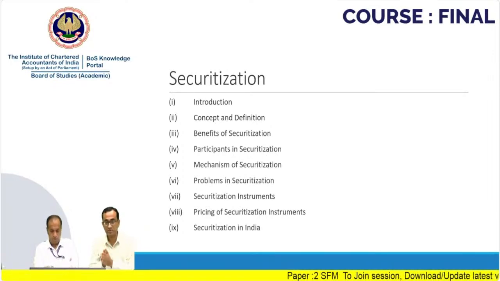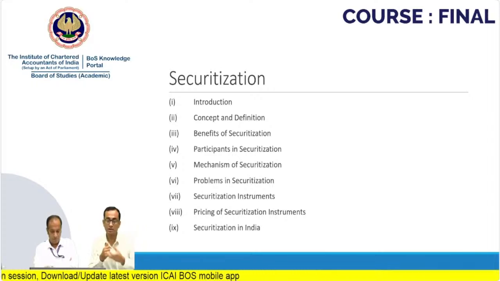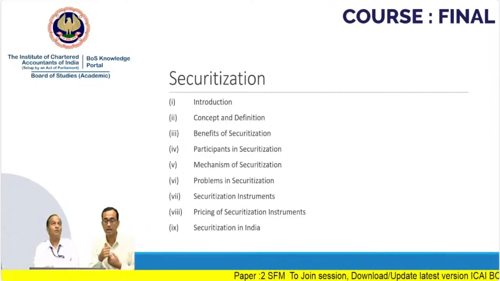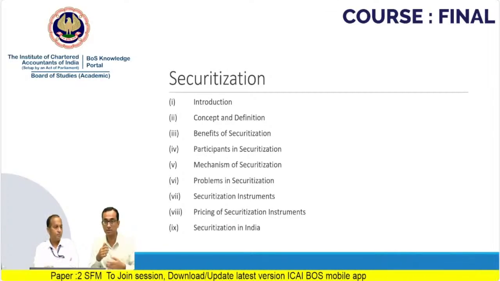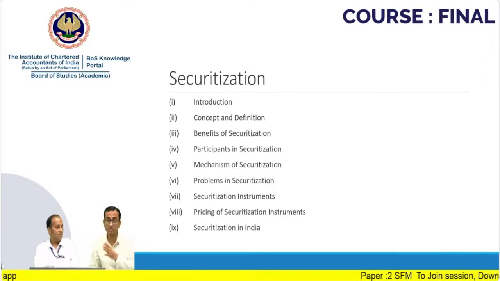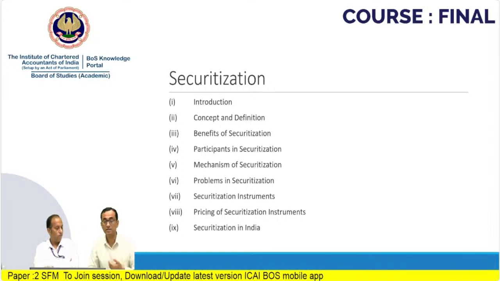But now it is the job of the SPV to get those mortgage-based assets converted into securities and make them marketable. It makes them marketable with the help of the credit rating agencies. If a particular security gets a good credit rating, for example AAA, then the investors will be ready to latch onto those securities.